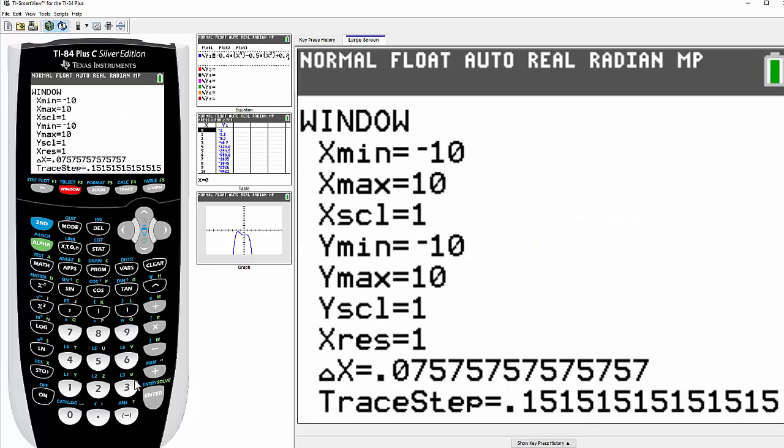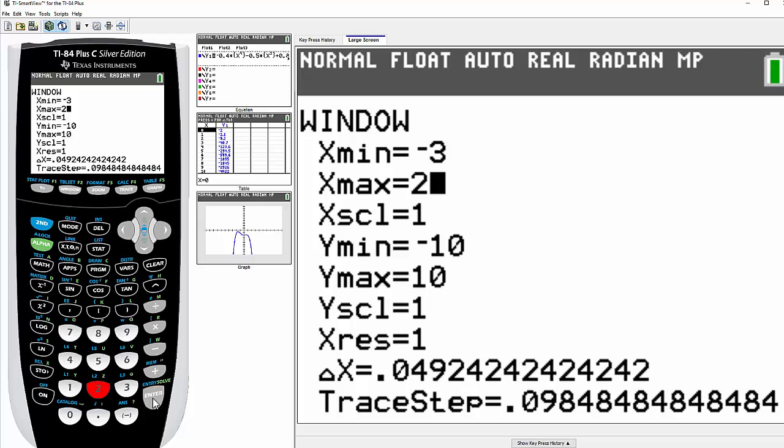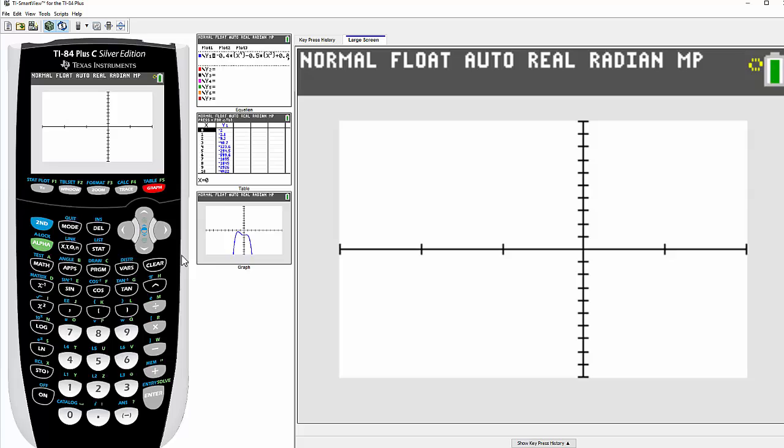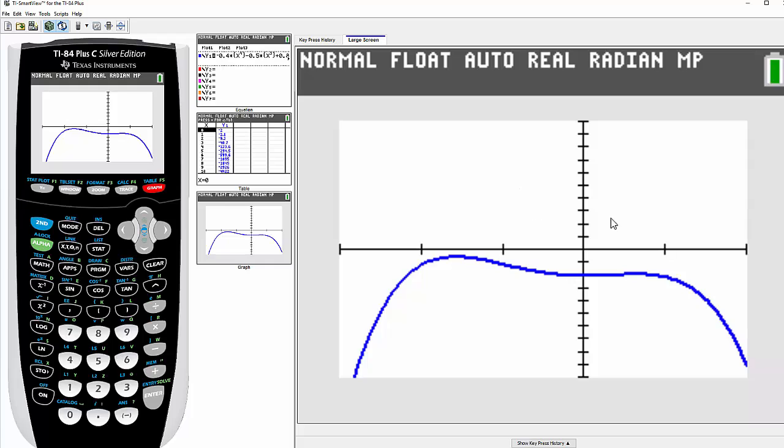If you recall, in the problem they told us that the interval they want us using on the x-axis is from -3 to 2. And so I'm going to use that as my interval. When you look at it again, it's a better view, but there's still some wasted real estate here because this particular function doesn't go above the x-axis. So there's really no reason to be looking at this portion of the graph up here. It's wasted space. And so I would change the window a little bit more to make this nicer.